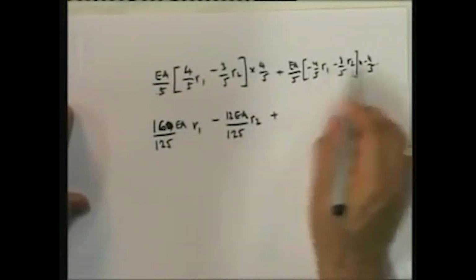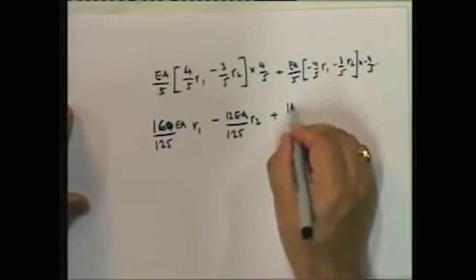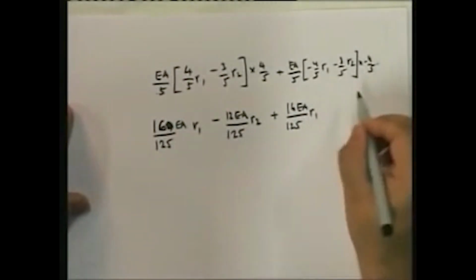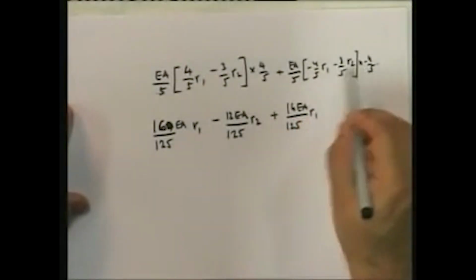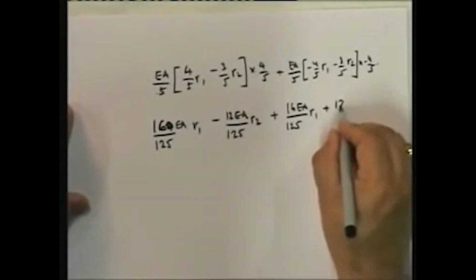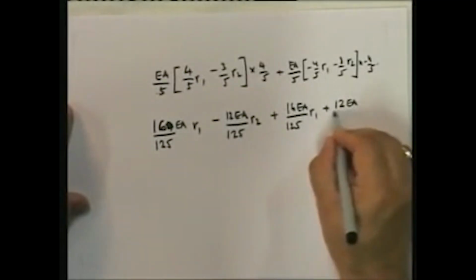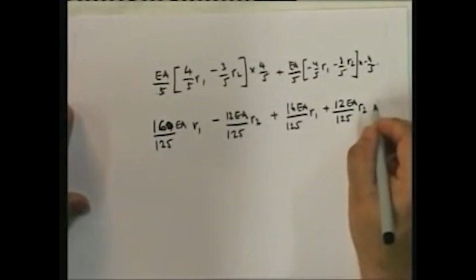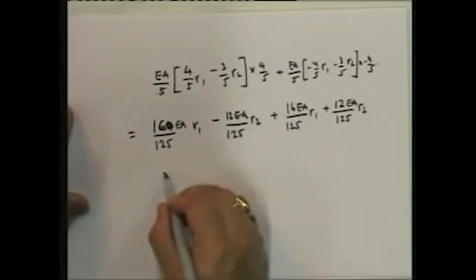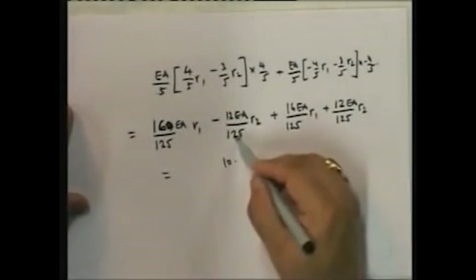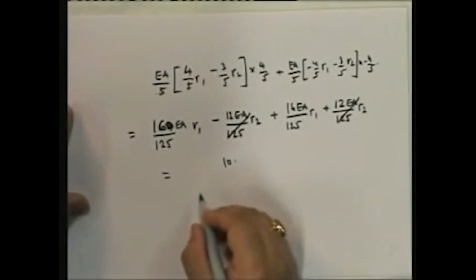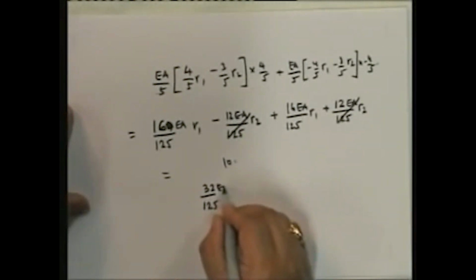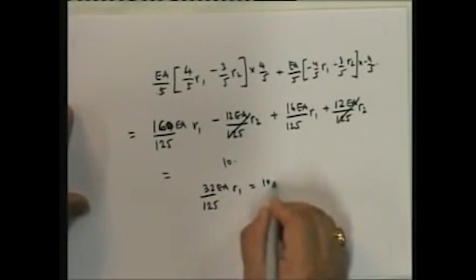Then plus, minus minus becomes the same, so 16 EA upon 125 R1. And this one, minus minus gets plus, so it becomes plus 12 EA upon 125 R2, which is equal to 10. This cancels this, so this becomes 32 upon 125 EA R1 is equal to 10.